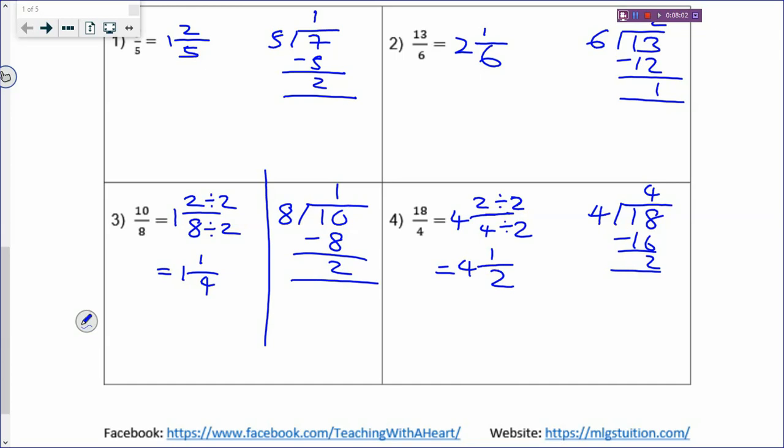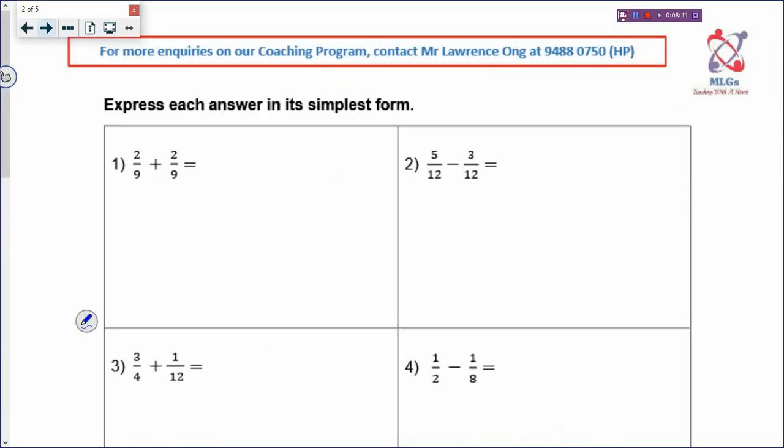Okay? So that's how you change the improper back into mixed number, by doing dividing. Okay, let's go to how to add fractions. You can only add fractions when they have the same denominator. For example, 2 over 9 plus 2 over 9, and that'll be 4 over 9. Once the denominators are the same, you just add the numerators.